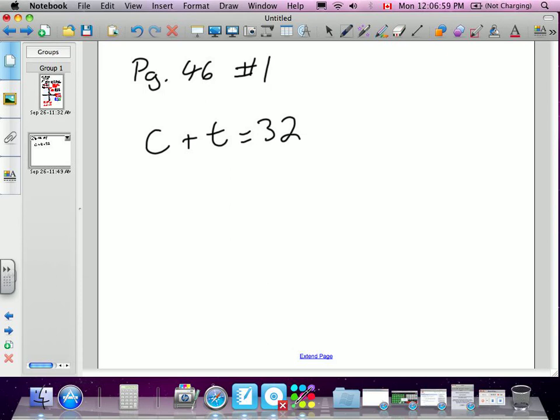So for every tulip she plants, how many crocus bulbs are planted? 3 crocus bulbs are planted. So we now have equation 1 and equation 2.